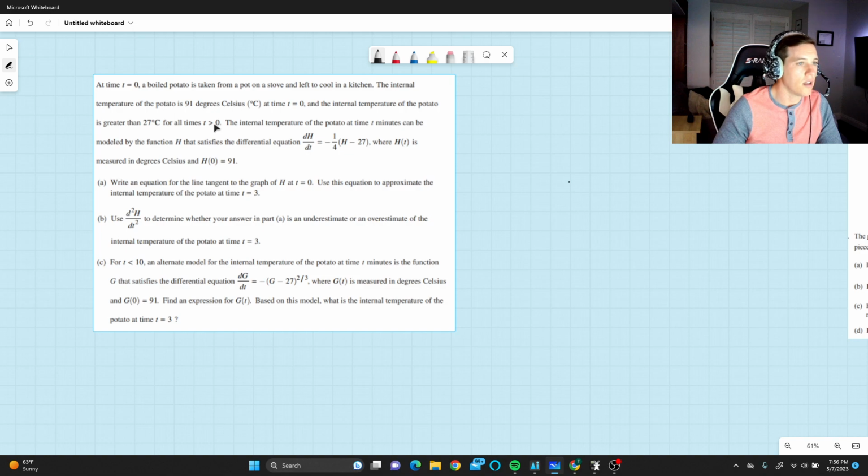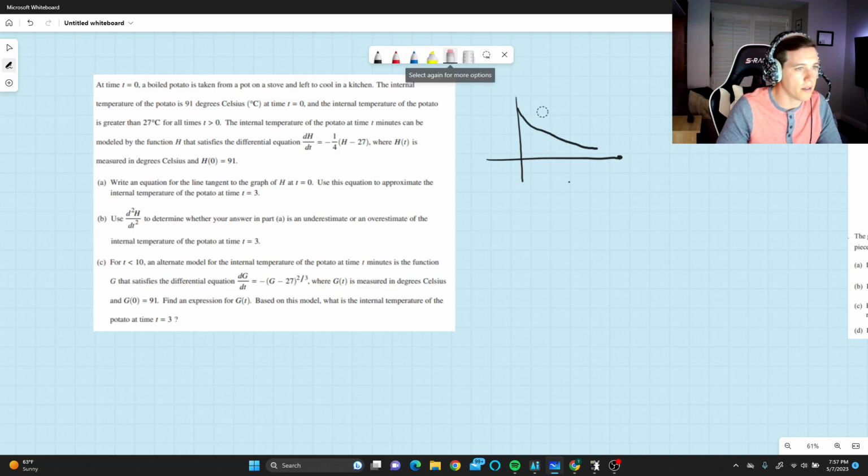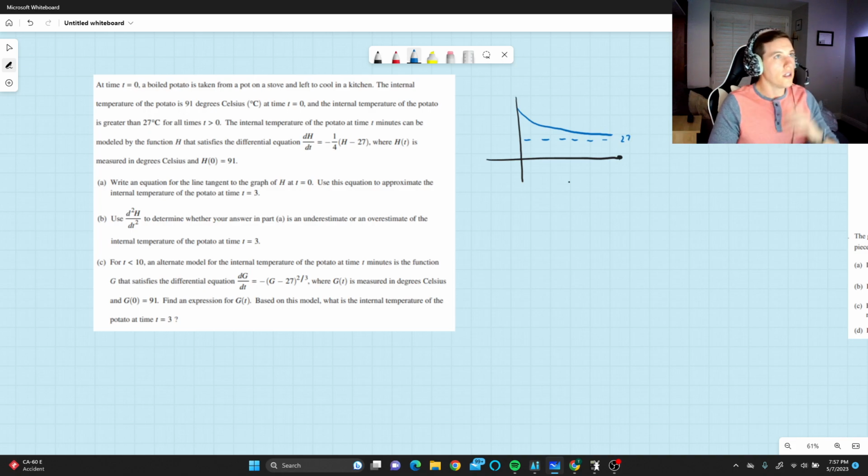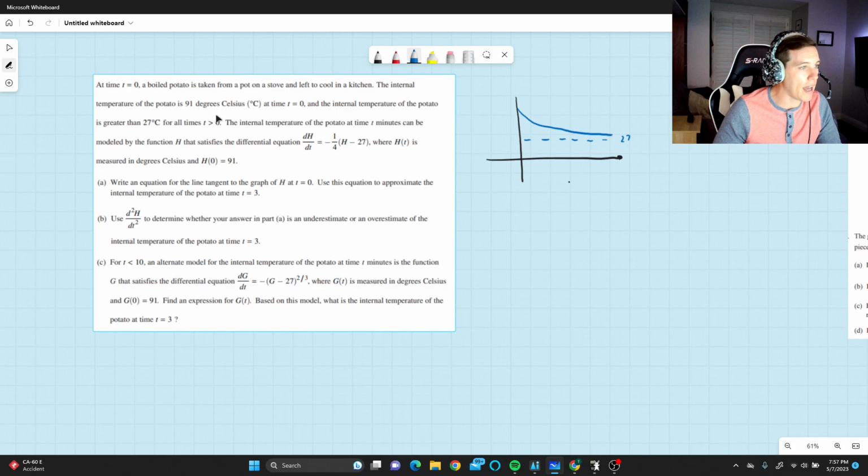This potato, and I talked about this in class, starts at 91 and basically starts to cool down, but never gets colder than 27. So it has kind of like an end behavior or an asymptote at 27. So pay attention to that idea that it's always going to be decreasing and staying positive. Concavity, which we'll talk about when we get down to it.